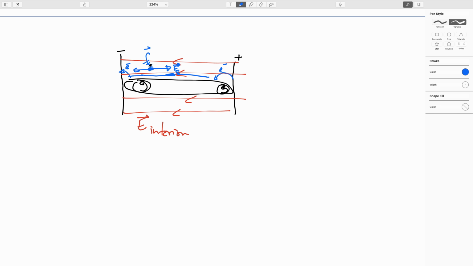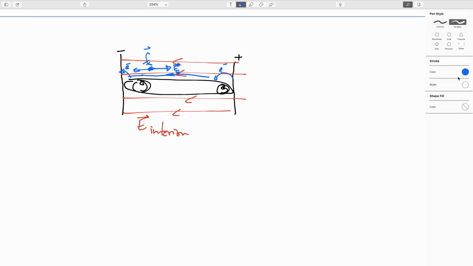Well, it can only provide so much force. At some point, the electric field gets too big and it just literally can't move the charges anymore. So if we wanted to keep this process going, how could we do that?